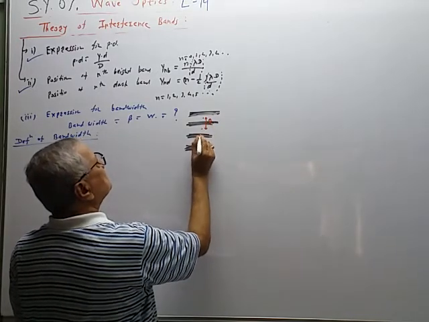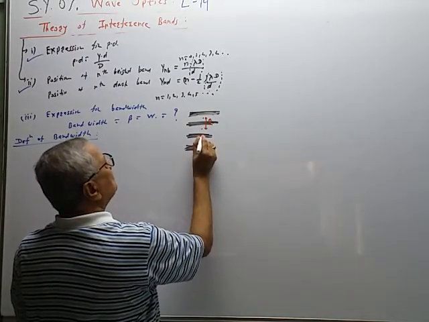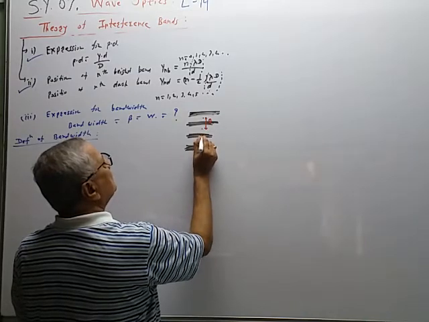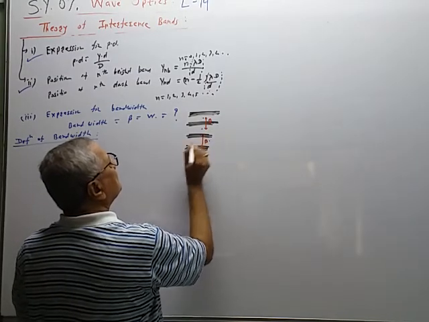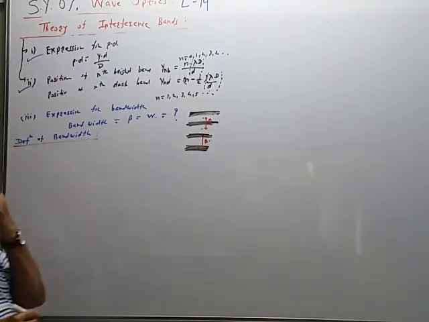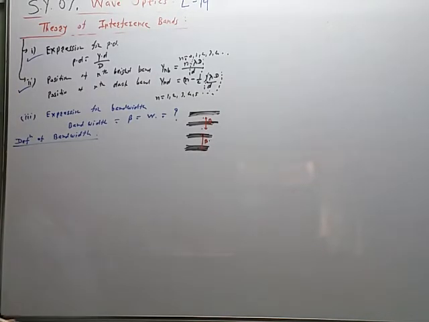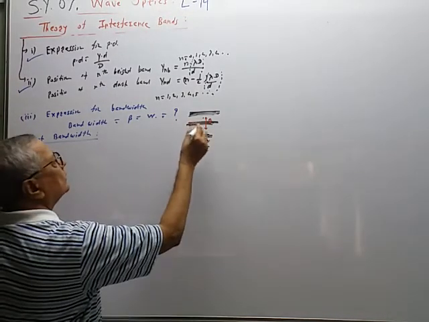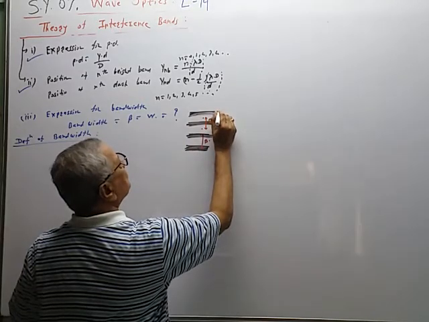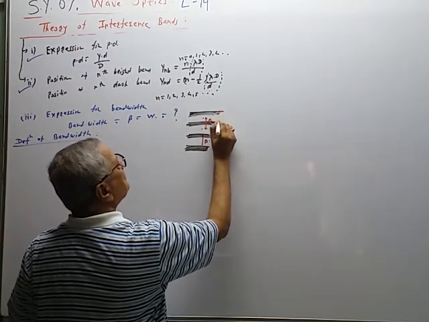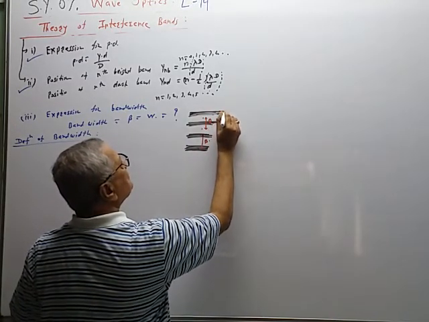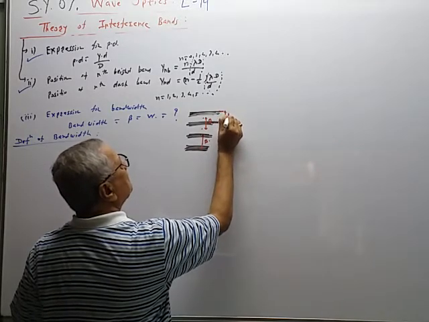The distance between the centers of two successive dark bands is also called the bandwidth. This bandwidth can also be measured by taking the starting point of the first dark band and the starting point of the second dark band.